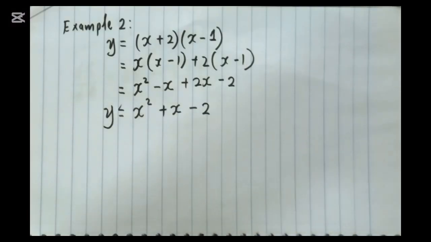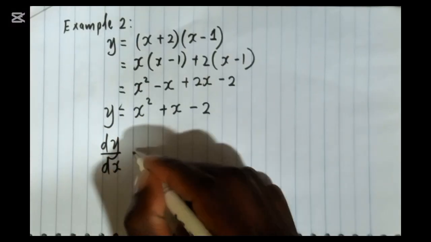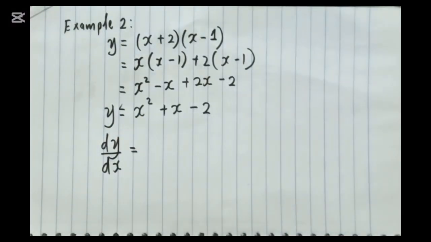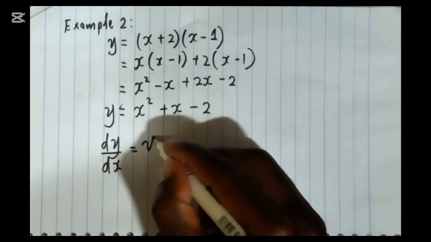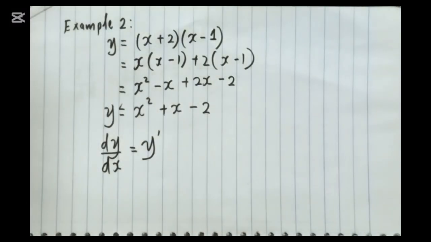So the derivative of y with respect to x, that is dy/dx, which we can also write as y apostrophe. We can also go as far as having two derivatives of a function, the first derivative and the second derivative.